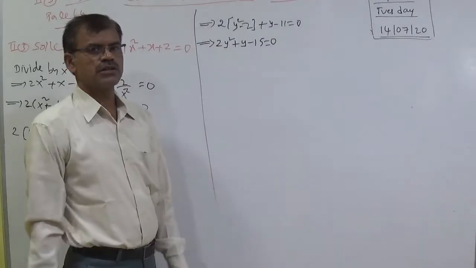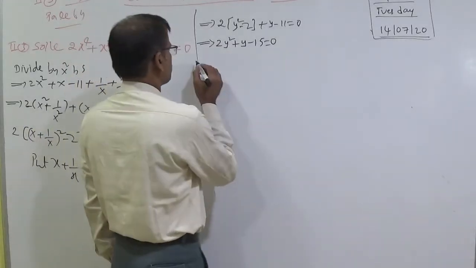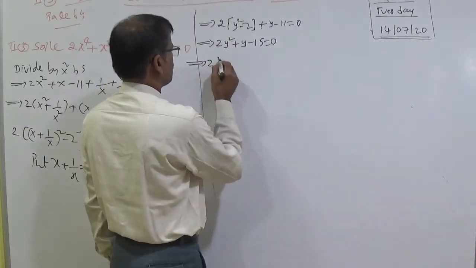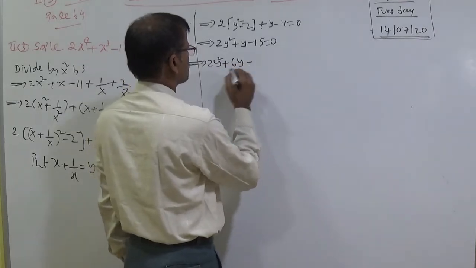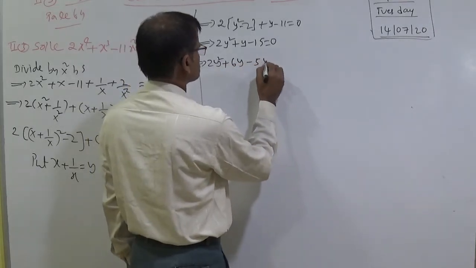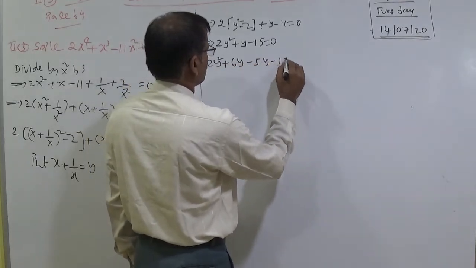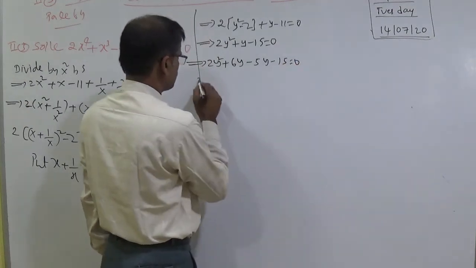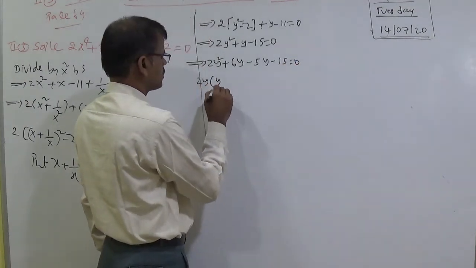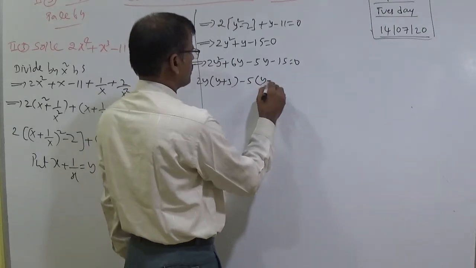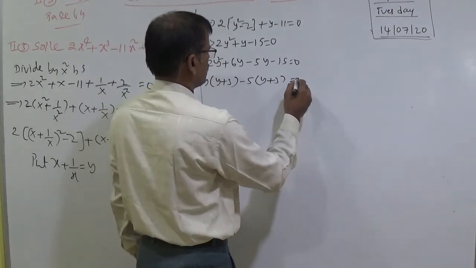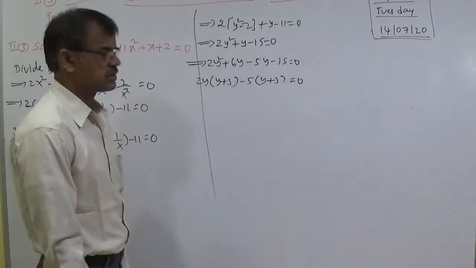Since 2 15s are 30, by the factorization or splitting the middle term concept, we can write 2y square plus 6y minus 5y minus 15 equal to 0. 2y taken common, it becomes y plus 3, minus 5 taken common, within the brackets it is y plus 3.